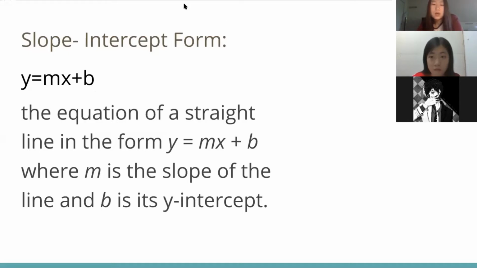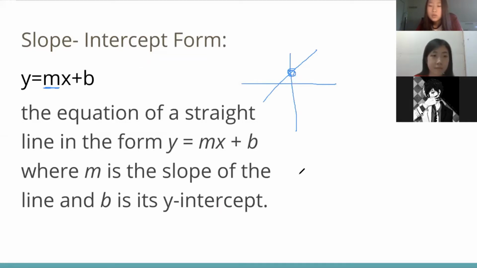Like we talked about, when we have a line on a coordinate, m is the slope, basically how steep this line is, and b is the y-intercept, which is this point where it intersects the y-axis. So basically you plug in the numbers if it's given like a value.